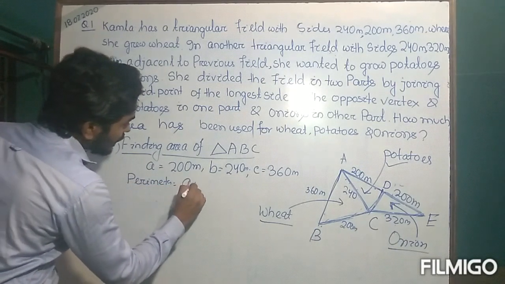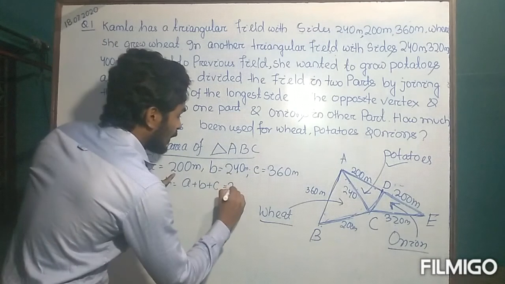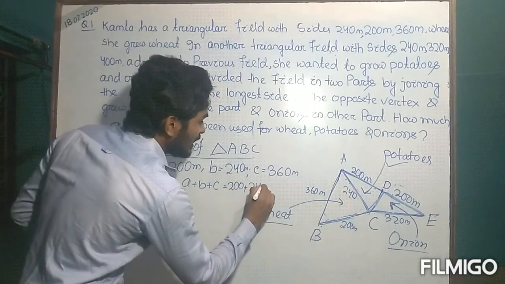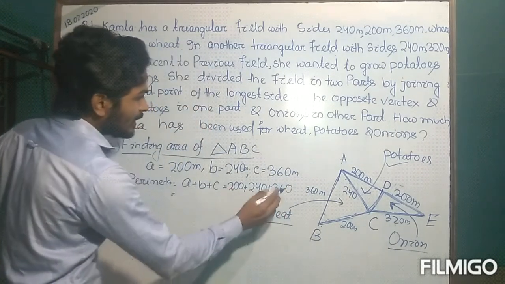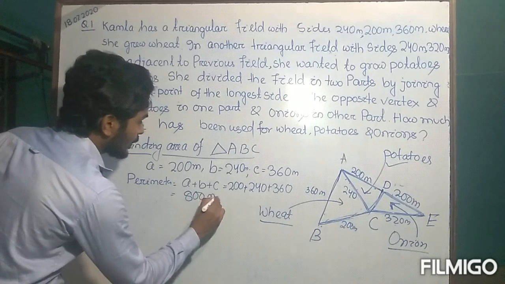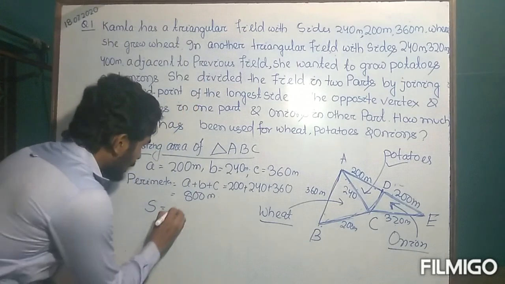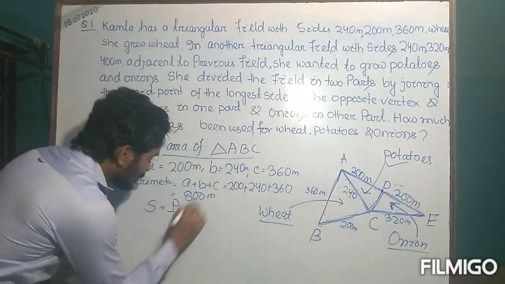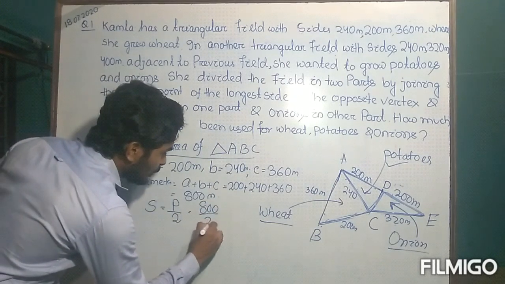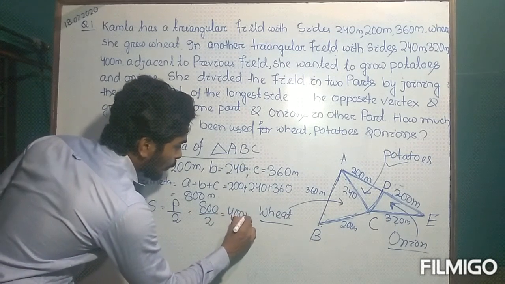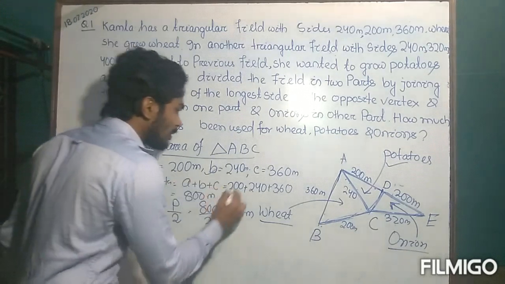Perimeter formula is a plus b plus c, so 200 plus 240 plus 360 is equal to 800 meter. Now you have to find s, the semi-perimeter. Semi-perimeter formula is perimeter by 2, so 800 by 2 gives 400 meter. Hence s, a, b and c are found.